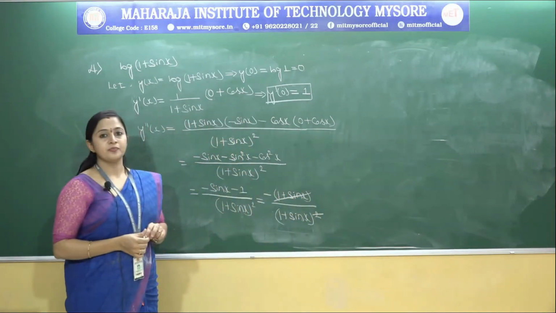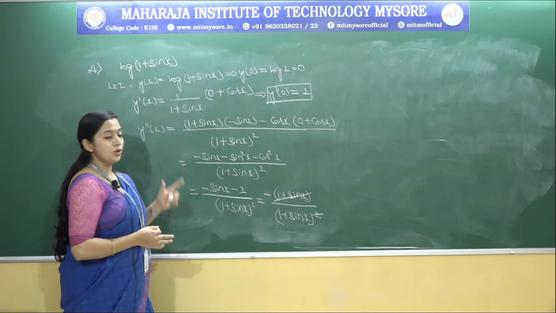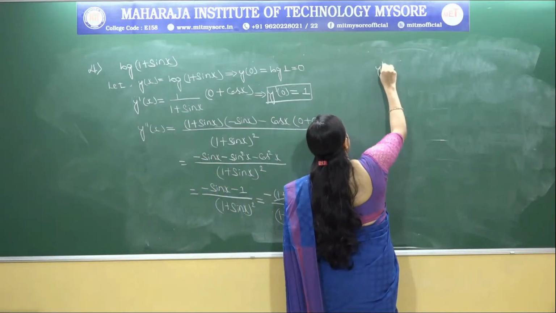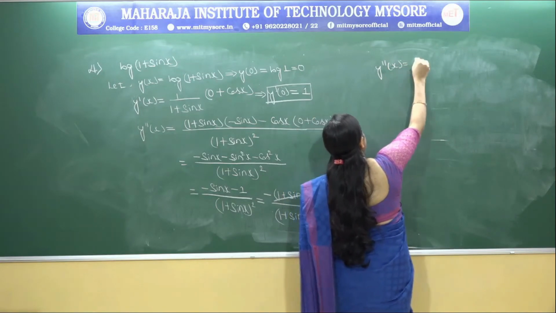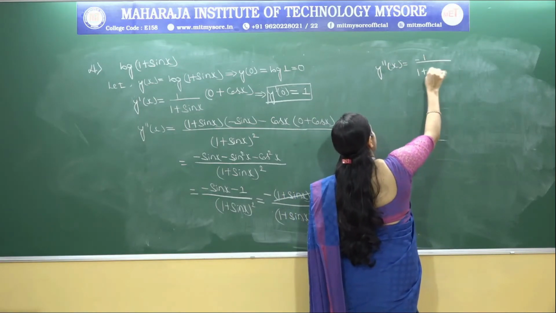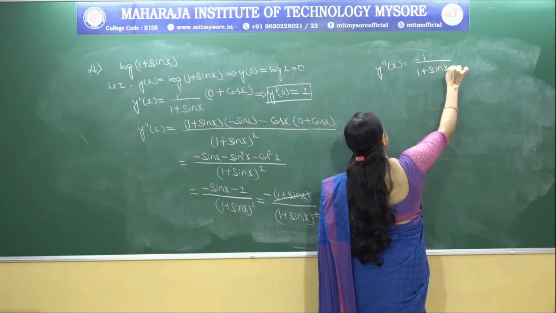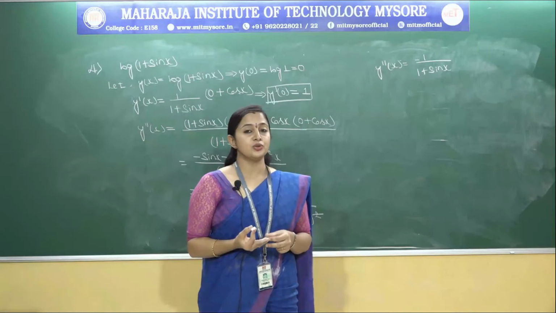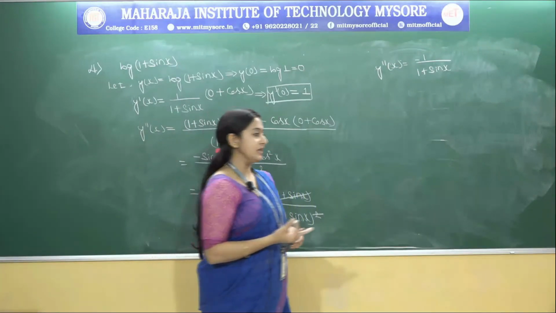These two get cancelled. So the second derivative of y of x, y double dash of x, equals minus 1 divided by 1 plus sin x. For the next differentiation, again you take the quotient rule or you just cross multiply the 1 plus sin x.